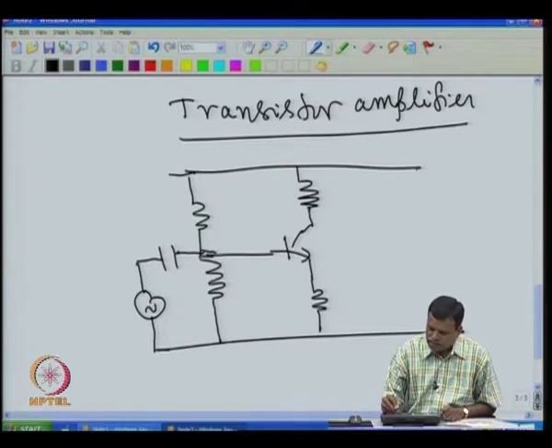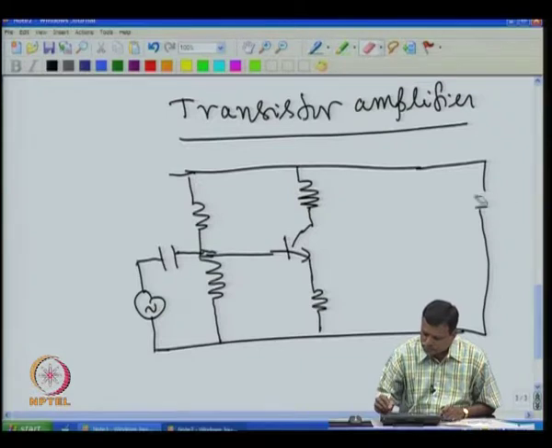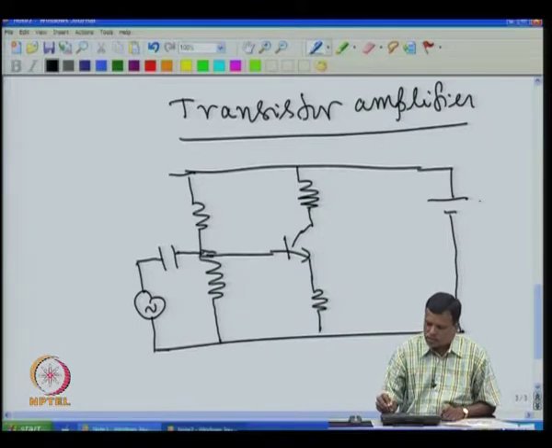So, essentially you have a DC source connected here. Assume that this is around a 15 volt supply.